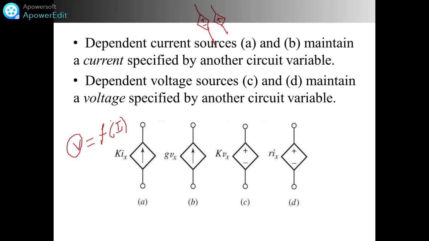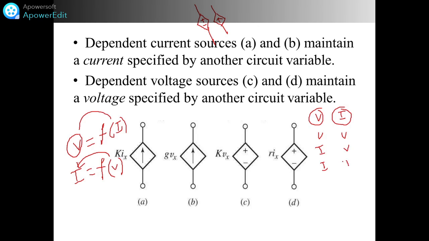This is treated as the current dependent voltage source. Similarly, if the current depends upon the voltage, it is treated as a voltage dependent current source. So as we learn in probability and statistics or permutation and combination, with voltage and current as two parameters we can arrange them like this: voltage depends on voltage, current depends upon the voltage, or current depends upon the current.